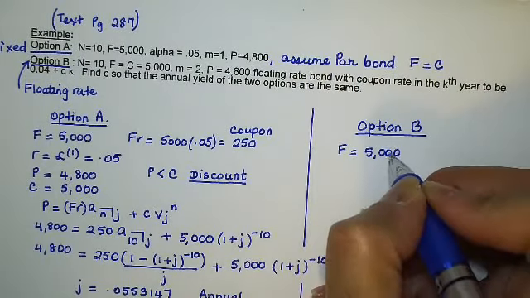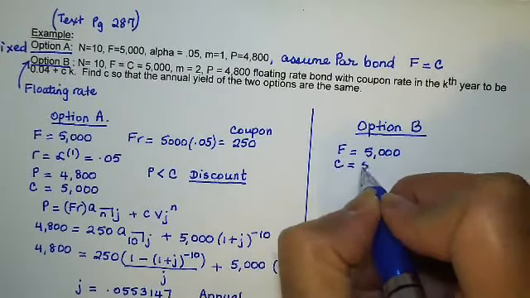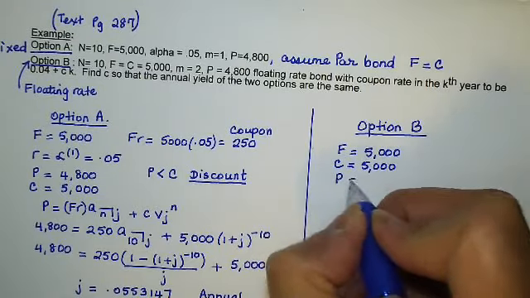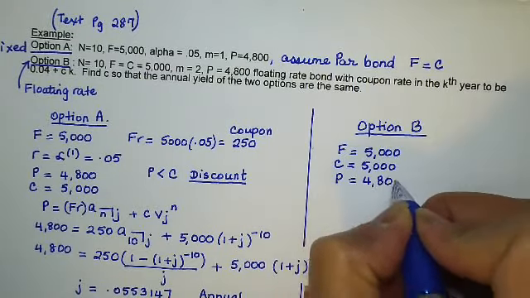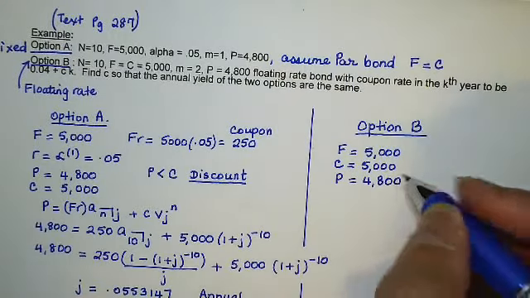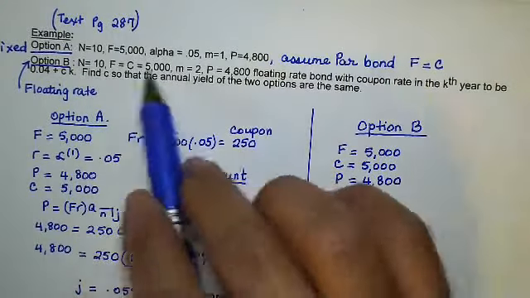So F is equal to 5,000. C is equal to 5,000. P is equal to 4,800.